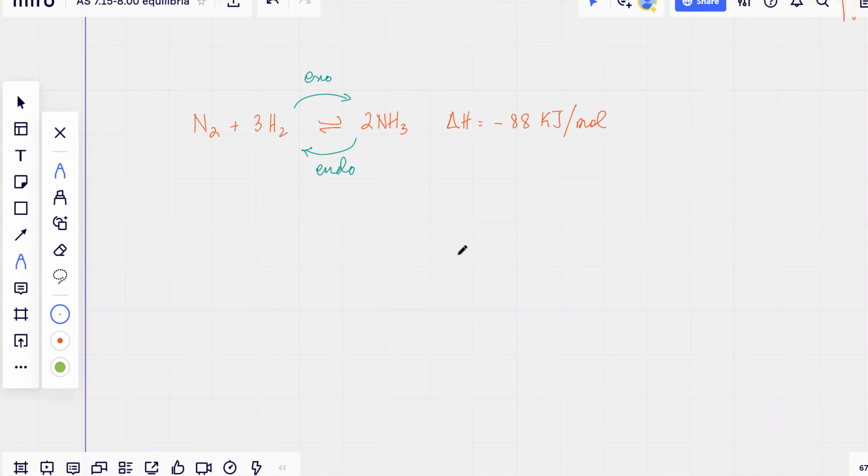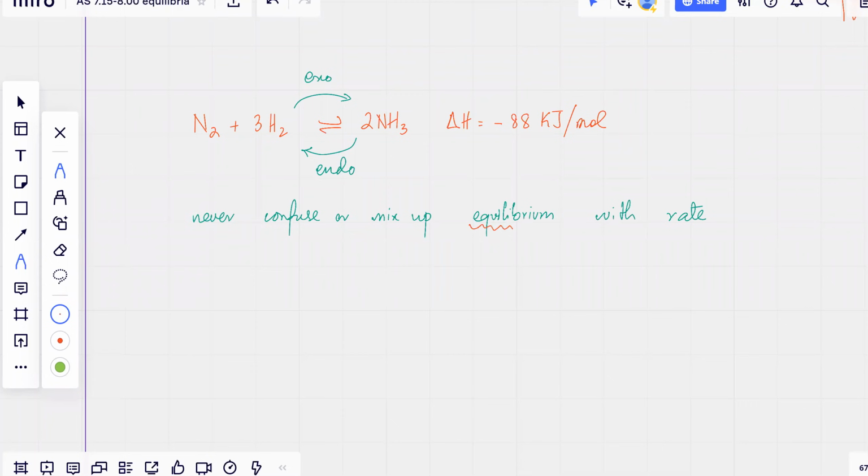Whenever you talk about equilibrium, never ever confuse or mix up equilibrium with rate of reaction. They're two completely separate things.